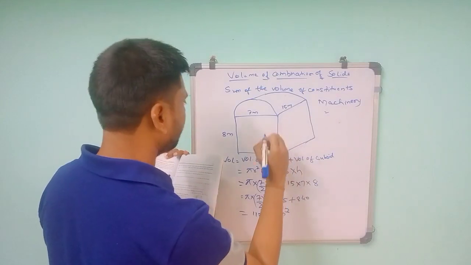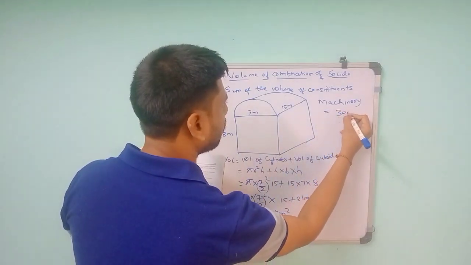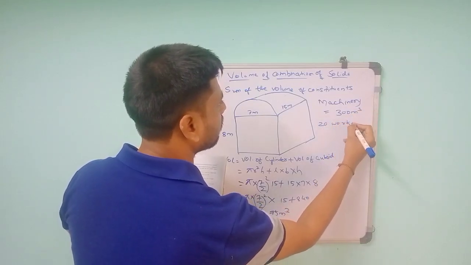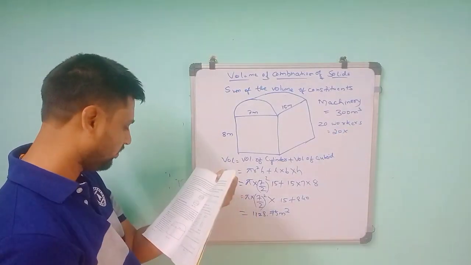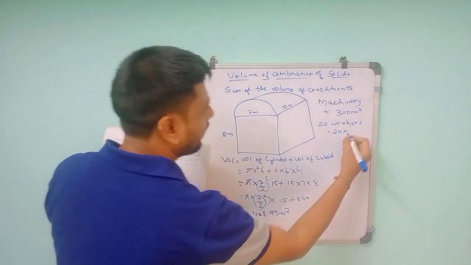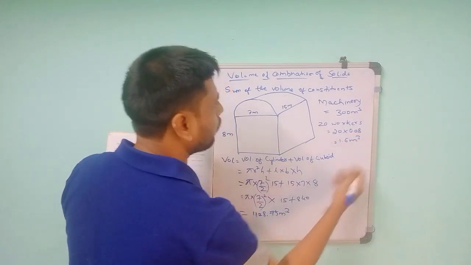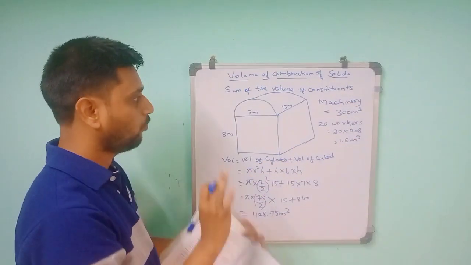But if you keep machinery in the industry, then its space is 300 meter cube, and there are 20 workers. For one person it is 0.08, so 20 into 0.08 will give 1.6 meter cube. So 300 meter cube is for the machinery and 1.6 meter cube for the workers.